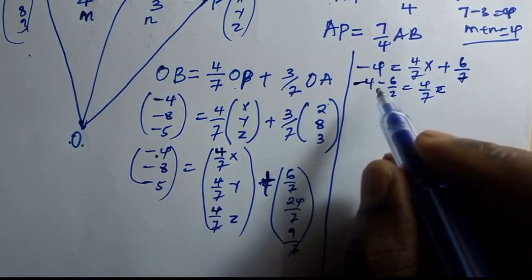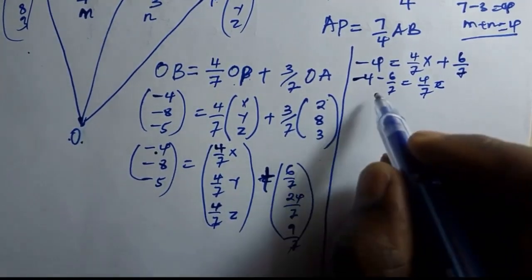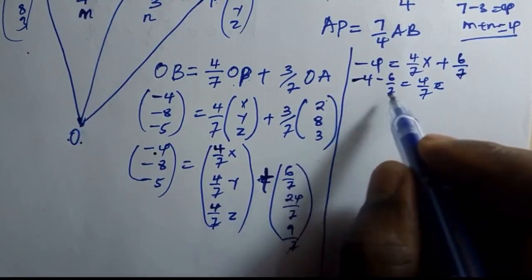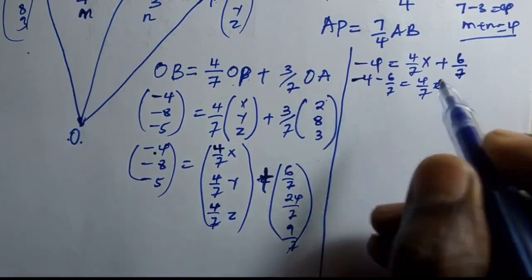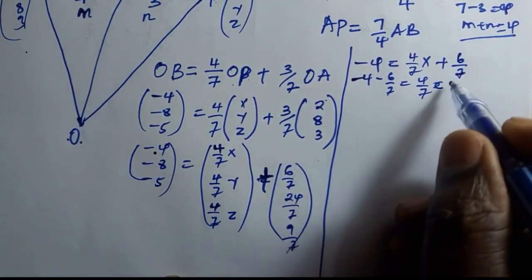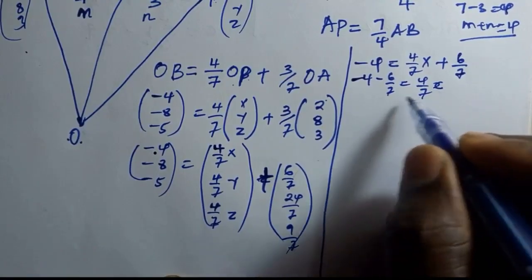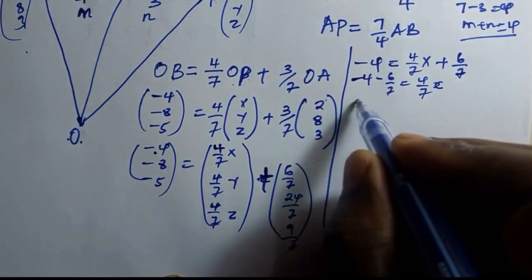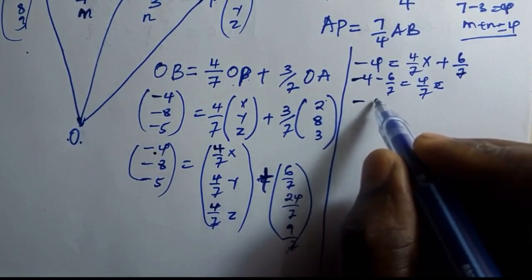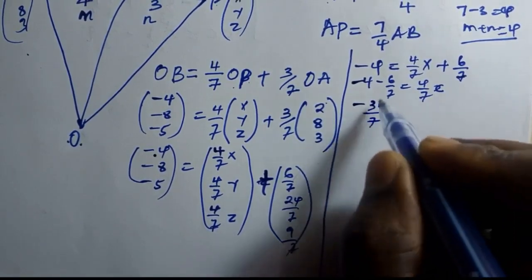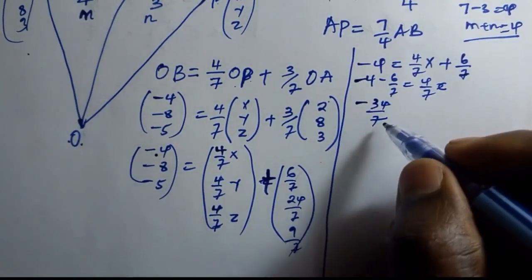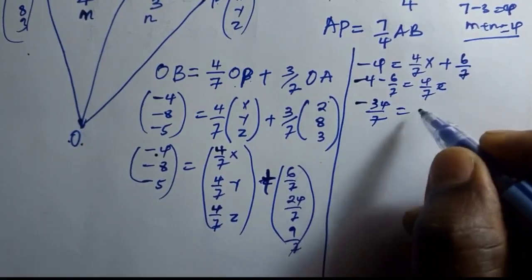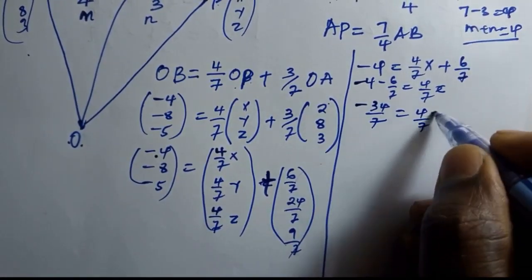finally itakuletea you multiply times 7 times the reciprocal of this. We want x. So if we want x here, what you do, you multiply both sides by the reciprocal of 7. Ukiminus itakuwa minus 34 over 7. Ukitumia calculator hapa itakupea minus 34 over 7, which is equal to 4 over 7x.